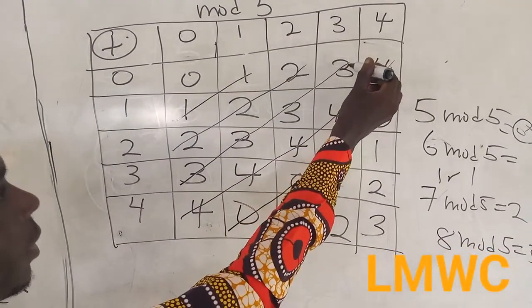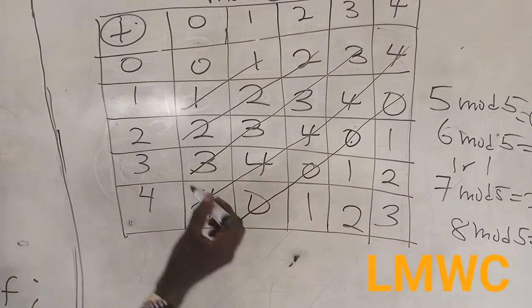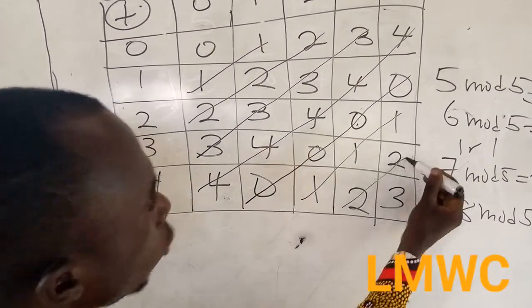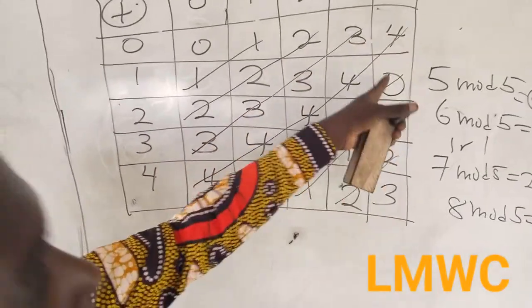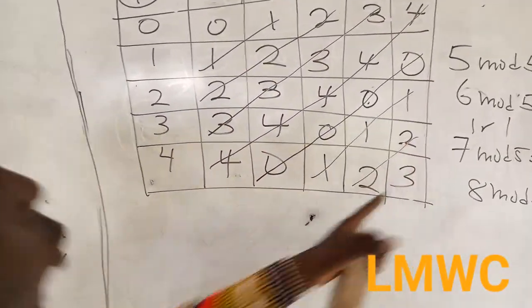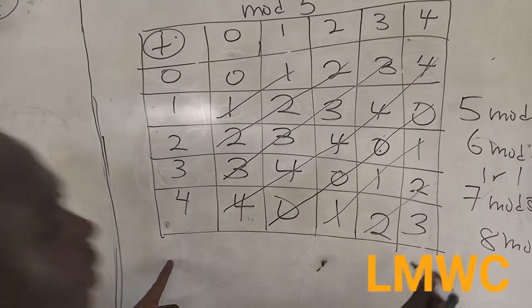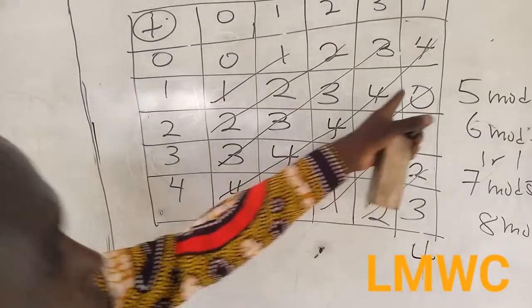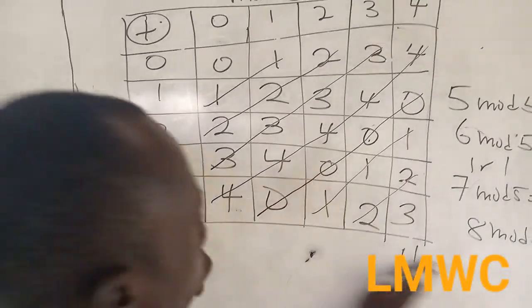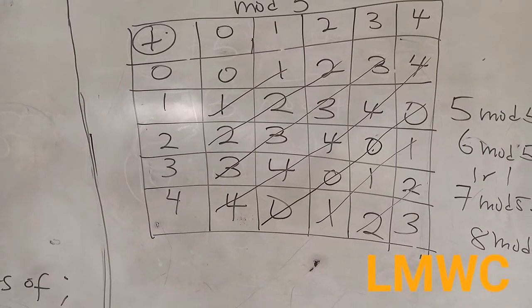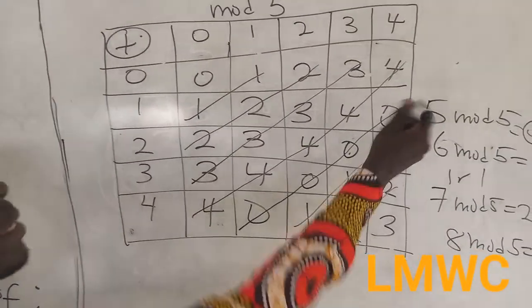You see this diagonal, it follows like that: 1, 2, and then 4, 0, 1, 2, 3. So if it was mode 6, this one becomes 5, and this number will be 4: 0, 1, 2, 3, 4. So always, if you are not given any set, you see the pattern.